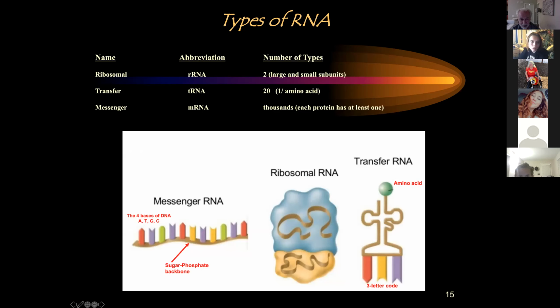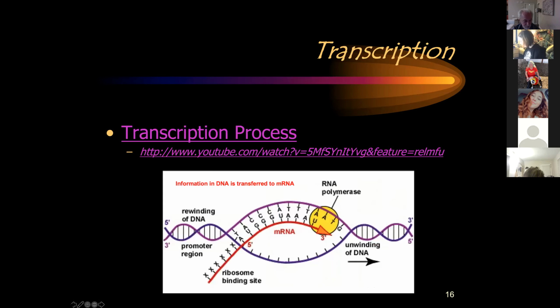Each amino acid has its own specific and special tRNA, and you'll see why in a minute. Messenger RNAs, there are thousands, at least 1 for each protein. So there are thousands and thousands of proteins in a cell. Each one of those has its own particular mRNA.